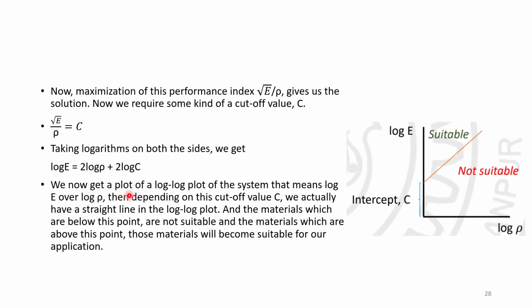Now we get a log plot of the system, that means log E over log rho. Then depending on this cutoff value C, we actually have a straight line in the log plot, and the materials which are below this line are not suitable, and the materials which are above this line will be suitable for our application.